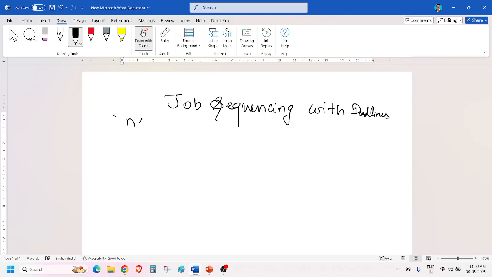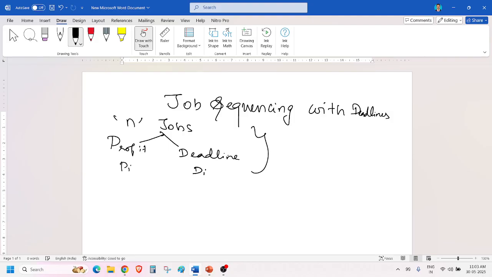So n jobs will be assigned to you. In that you have two things: one is profit and another one is the deadline. So we have two things, Pi as well as Di, profit as well as the deadline.